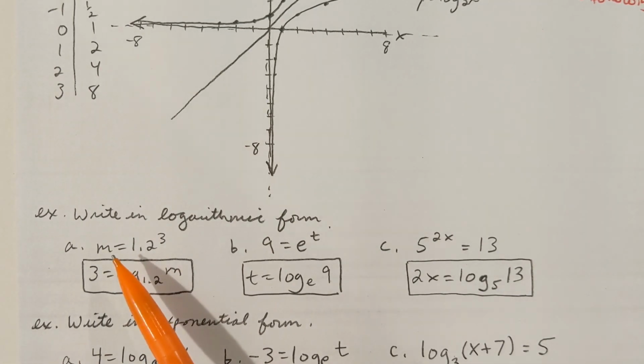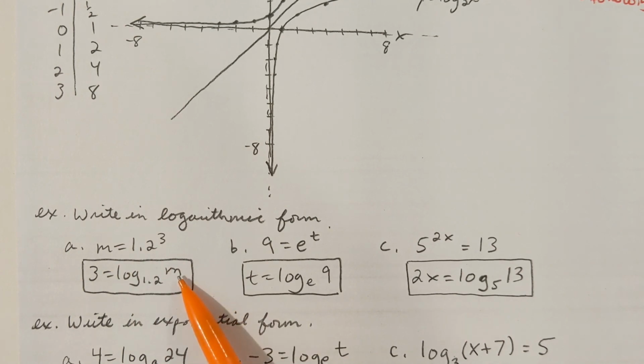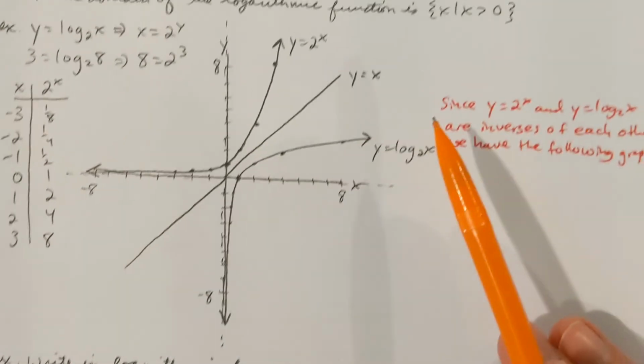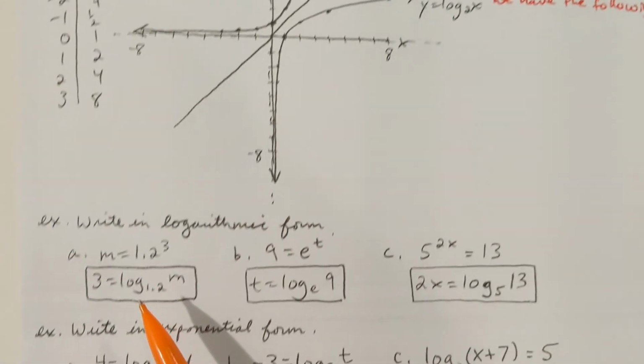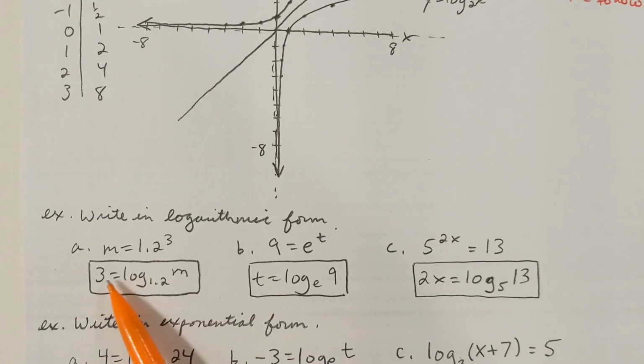In part A, it looks like x is m, so that's going to be the input on my logarithm here. 1.2 is the base, that'll be the base of the logarithm. 3 is the y value, since that's the power, and so 3 equals log base 1.2 of m.